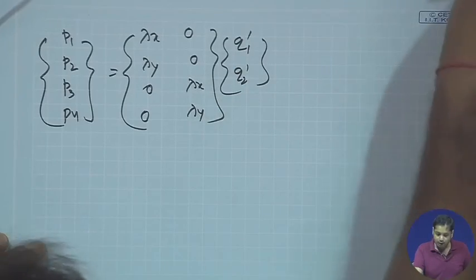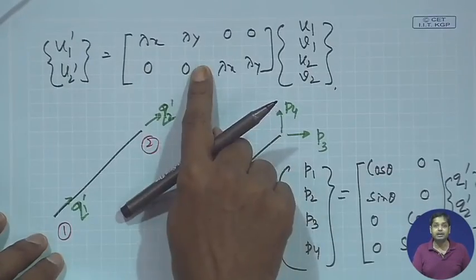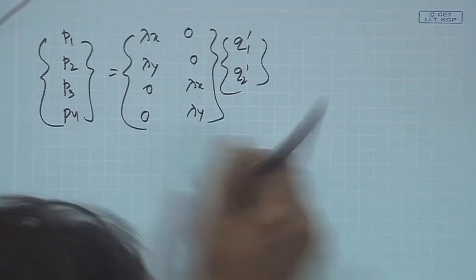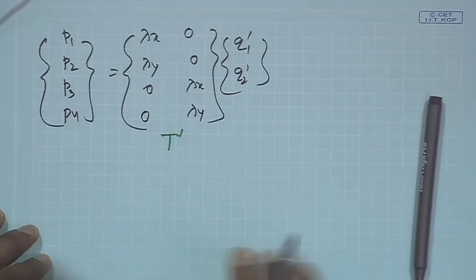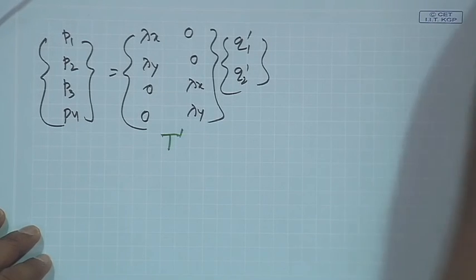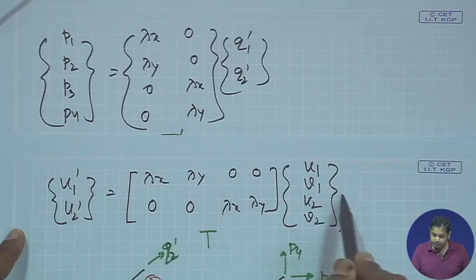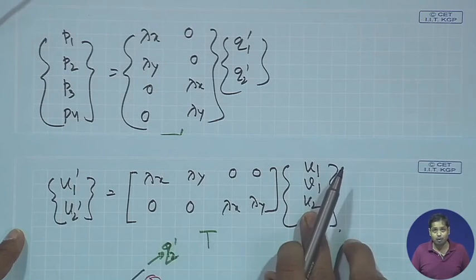If you compare this with the earlier expression, it is essentially T dash. So, this is T dash. Now, we have a relation between the local coordinate displacement and the global coordinate displacement.